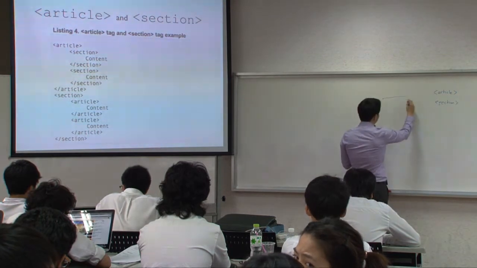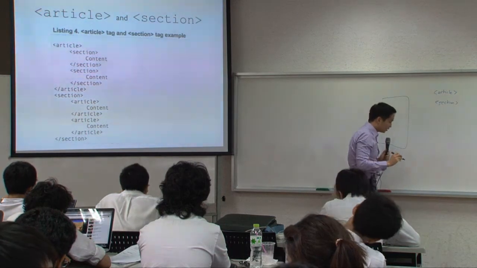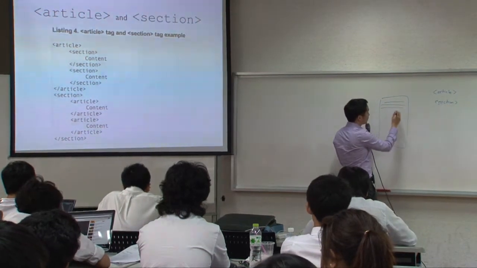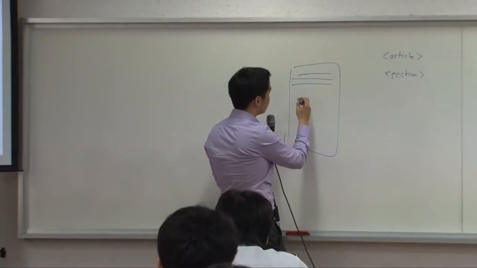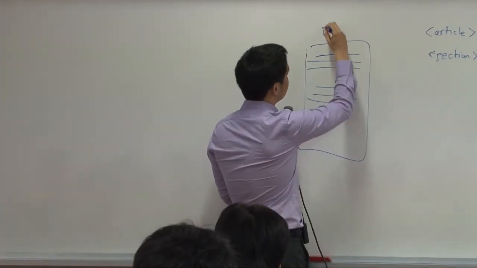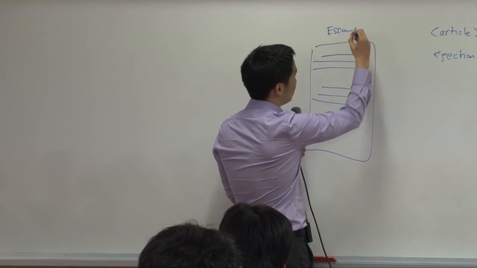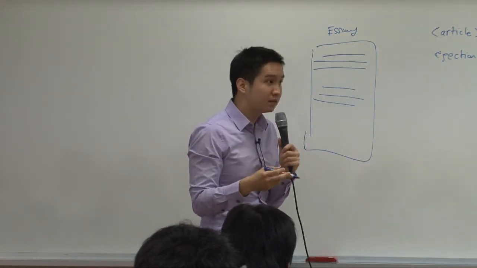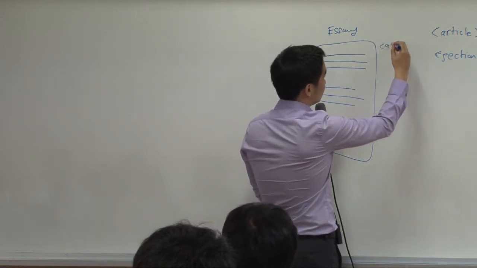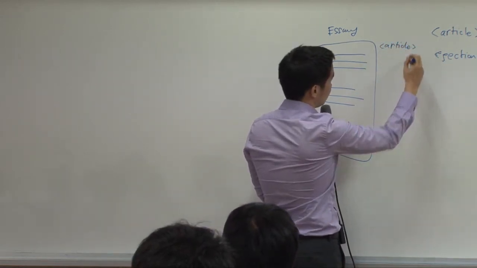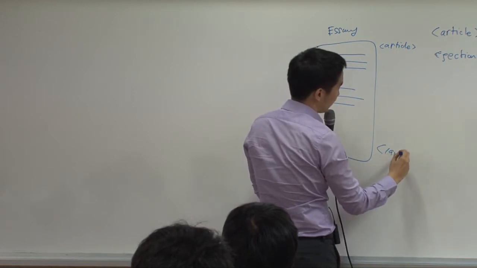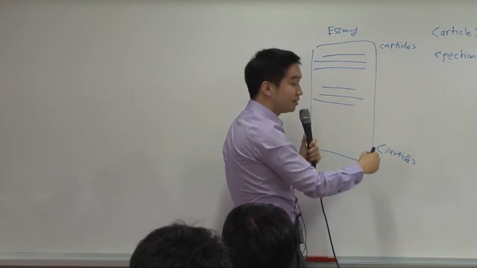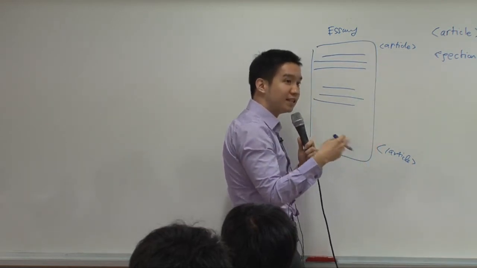When you write an essay, it's normally composed of what? Paragraphs. If I were to mark this up using HTML, I would put article around the entire essay, for example, because the whole thing is the gist of my essay.